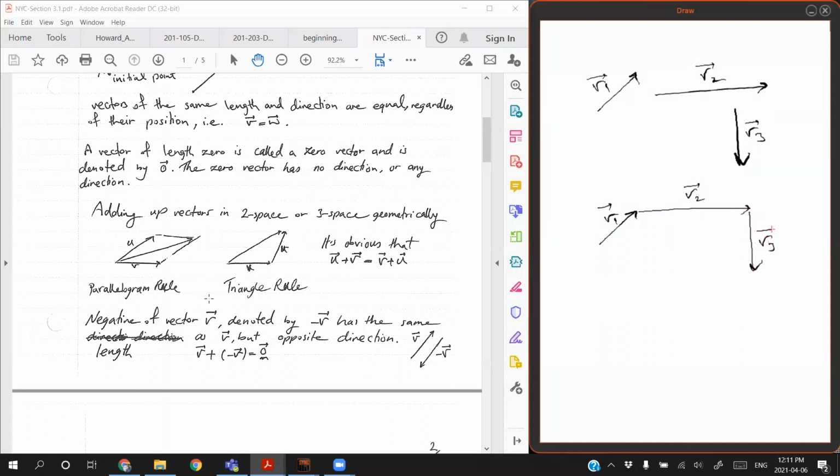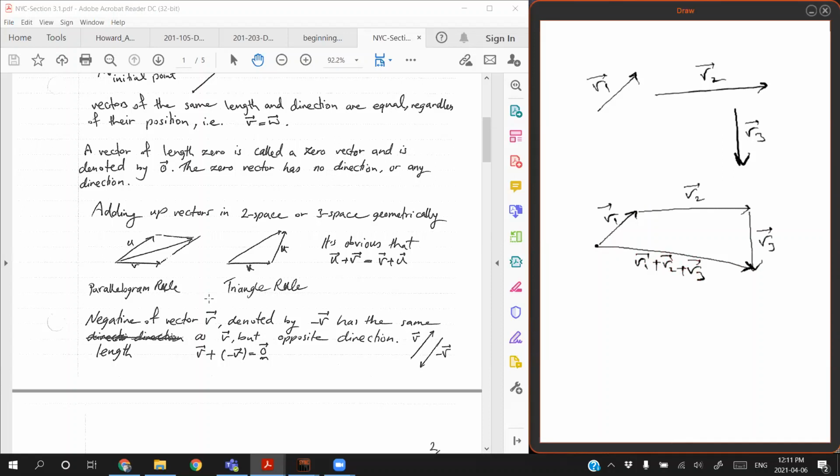So you're translating them, you bring them so that each vector's initial coincides with the terminal of the previous one. Then the vector that goes from the initial of the first one to the terminal of the last one, that would be the sum v1 plus v2 plus v3.